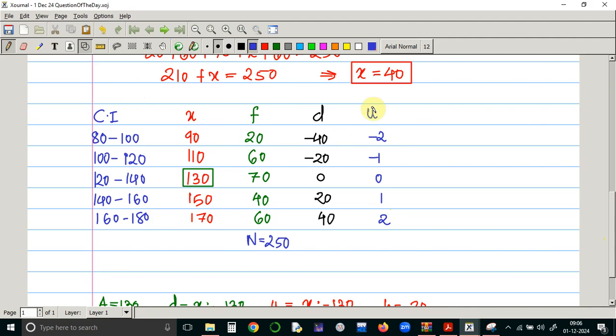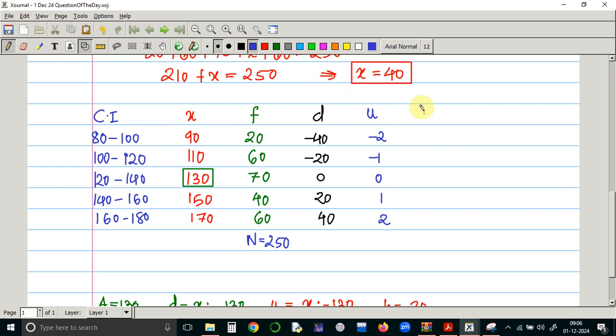You will get these numbers if your class intervals are uniformly distributed, meaning the gap h is fixed for every class interval. So no need to draw this x column. If you have drawn it, it's okay.